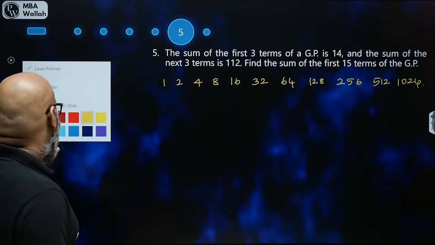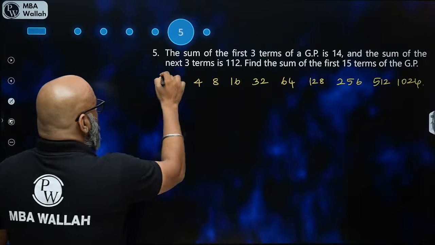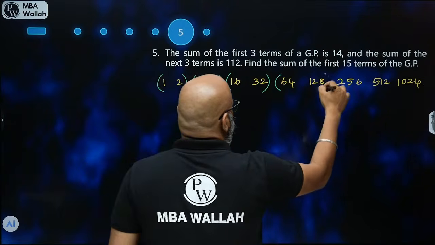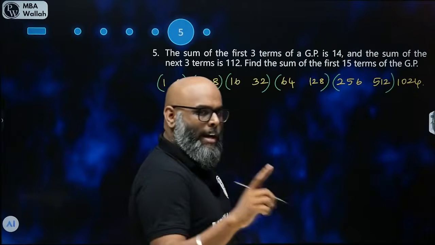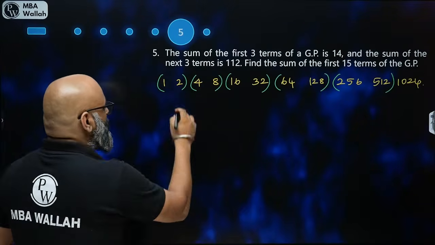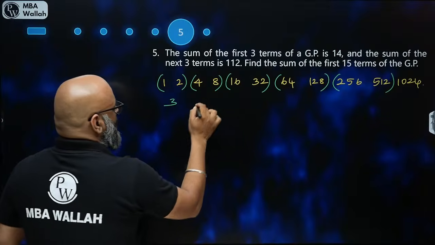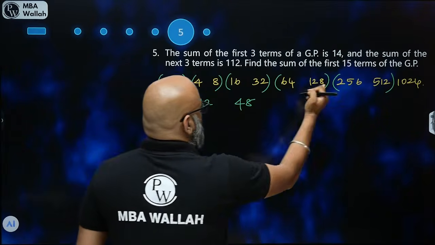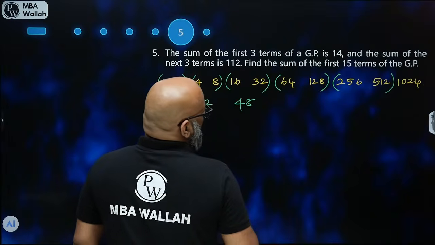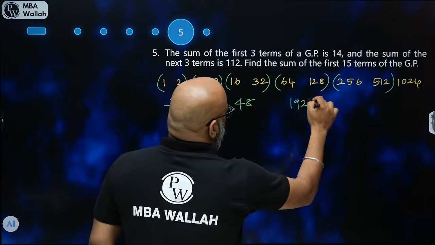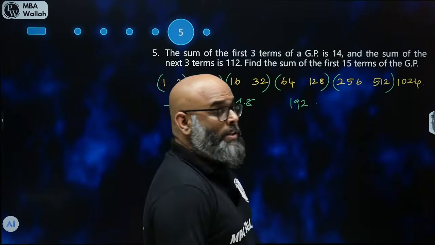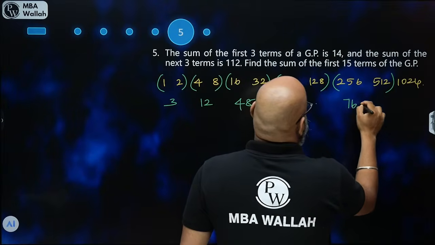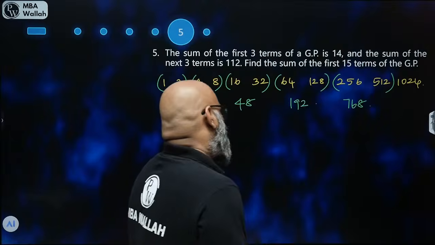Interestingly, very interestingly, check this out. Pair them into 2. Club them 2 each, and add them. What is 1 plus 2? 3. 4 plus 8? 12. 16 plus 32? 48. 64 plus 128 will be 192. 256 plus 512 will become 768.